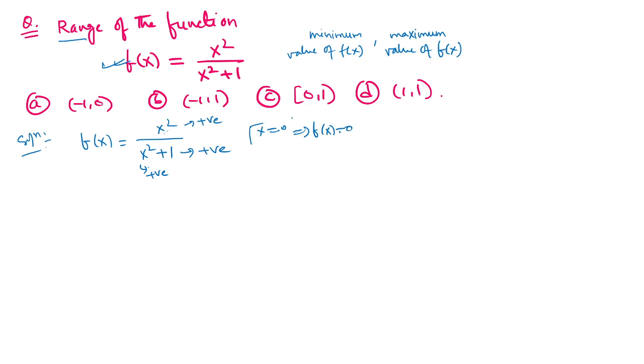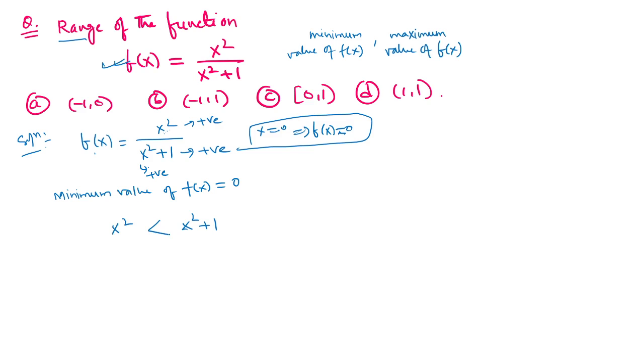Okay, 0. So what is the minimum value of fx? Now the minimum value of fx is 0 again. And then how about the maximum value? The x square plus 1 is always bigger, so the fraction is always less than 1.